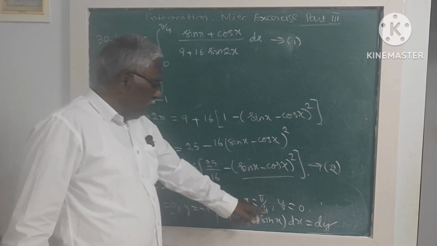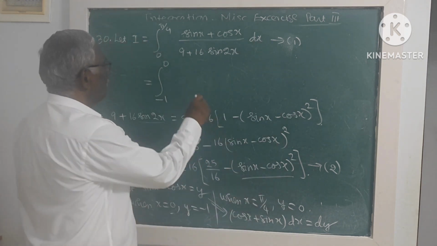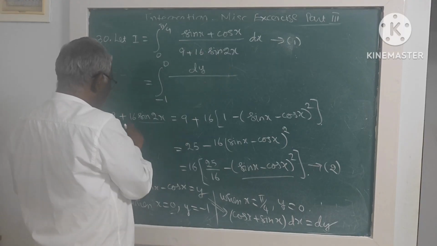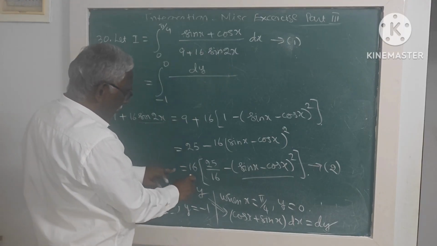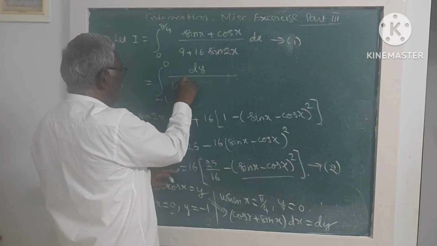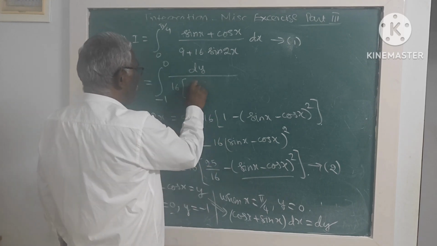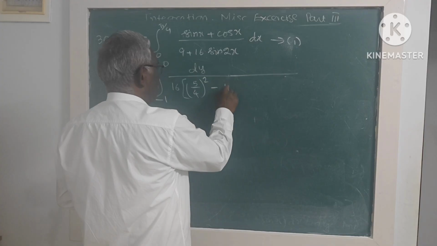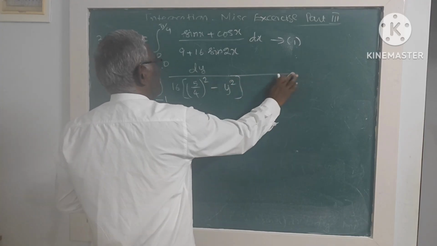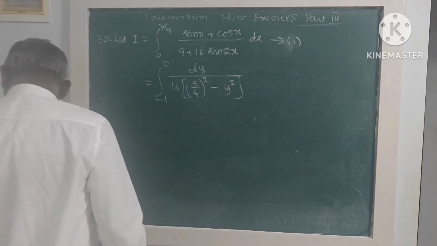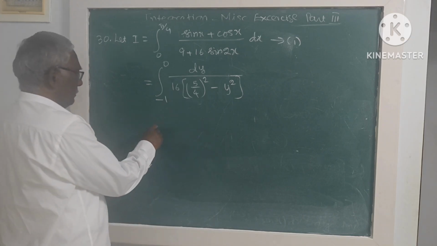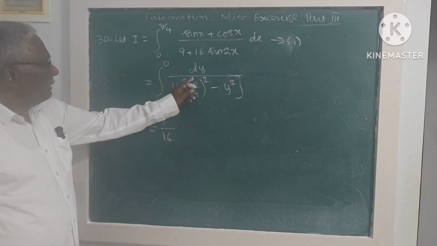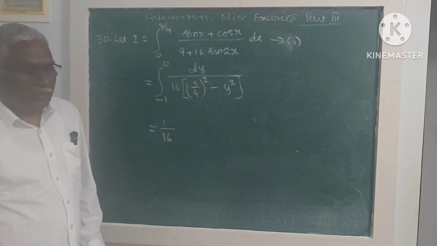Sin x plus cos x dx becomes dy by 9 plus 16 sin 2x, which is nothing but 16 we have taken outside, 5 by 4 whole square minus y square. So this is the integral dx by a square minus x square form.